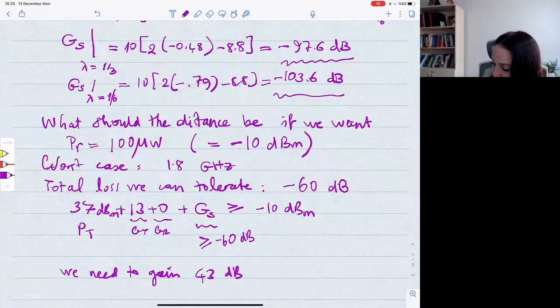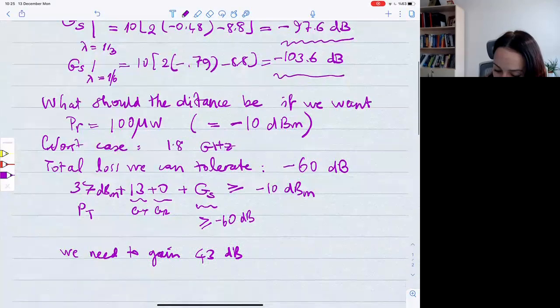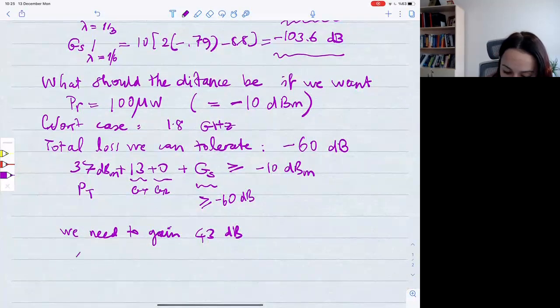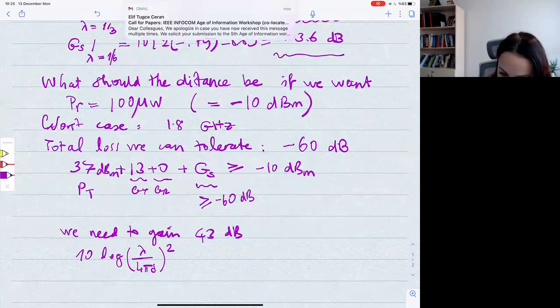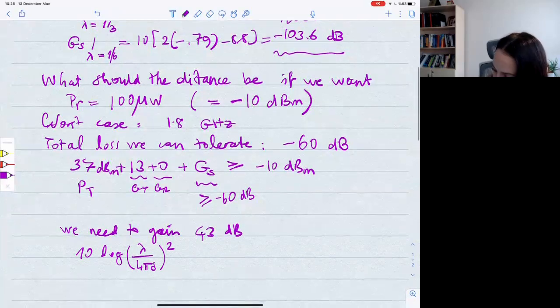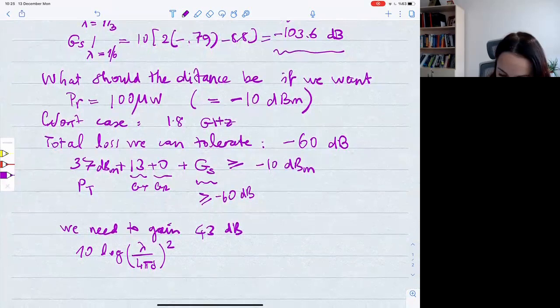Okay. So what do we do? 10 log lambda over 4 pi d, squared, should be larger or equal to minus 60 dB.